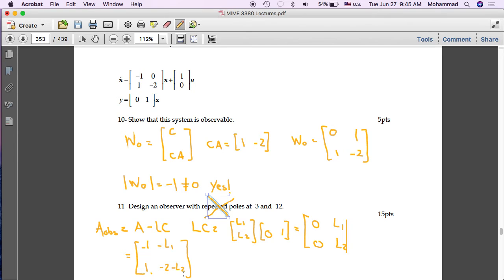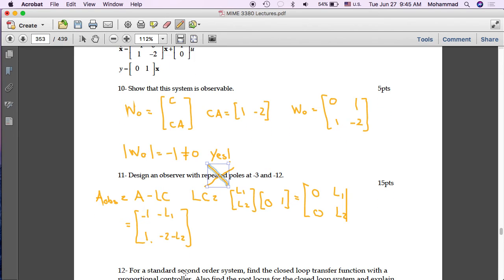So how can we make sure that the eigenvalues are at -3 and -12? We just need to calculate the eigenvalues. We set up lambda I minus A of the observer, which gives us lambda plus 1, L1 on the top right, minus 1, and lambda plus 2 plus L2.